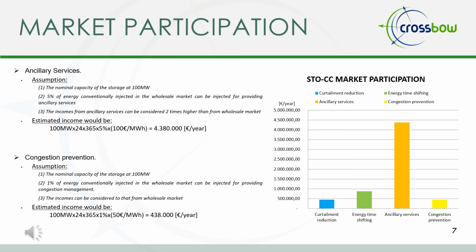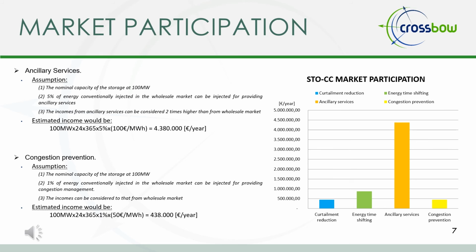Next service on our list is congestion prevention. This would mean the possibility to introduce flexibility into the system through the storage capacity, with the aim of preventing congestion issues as much as possible.